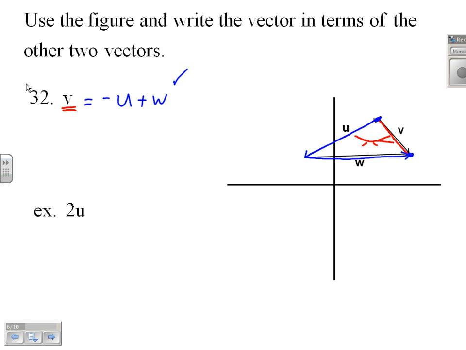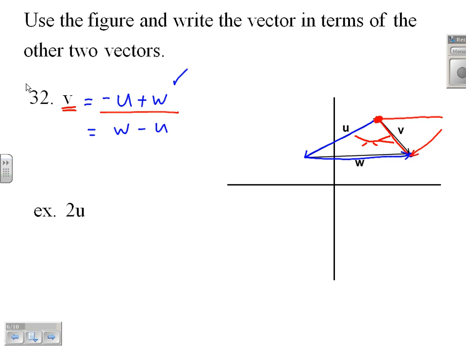Algebraically, we could write that as w minus u. And sure we could. That would be representative of, we start here, go out w, and come back this direction, our u value. And we create these parallelograms. So I think this is the most clear one.